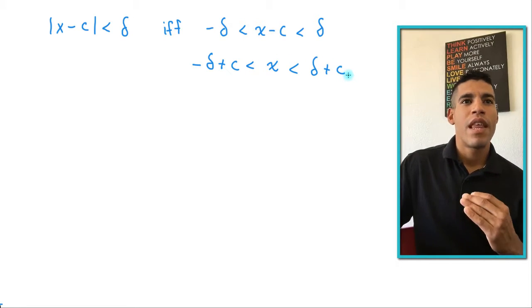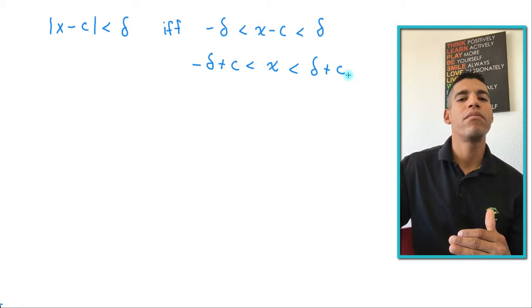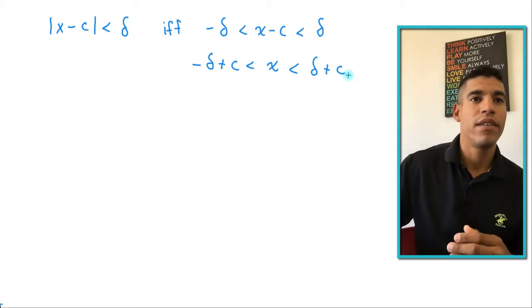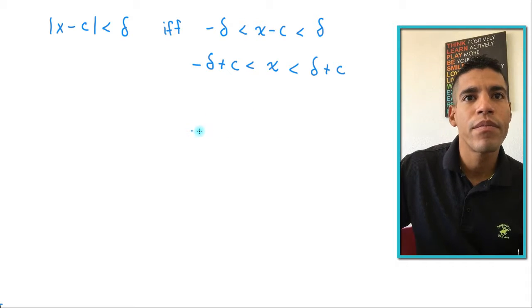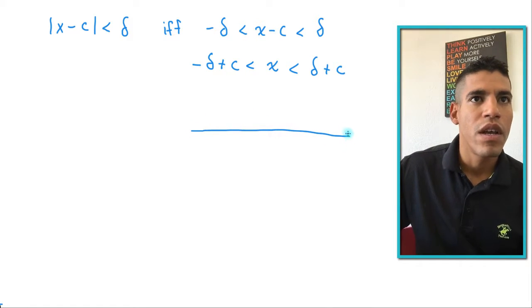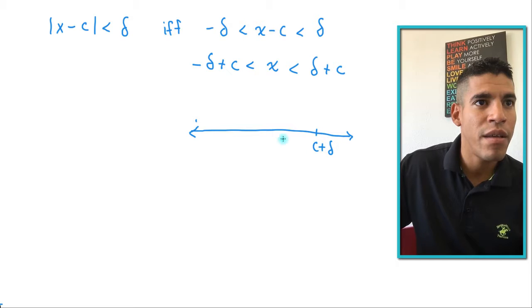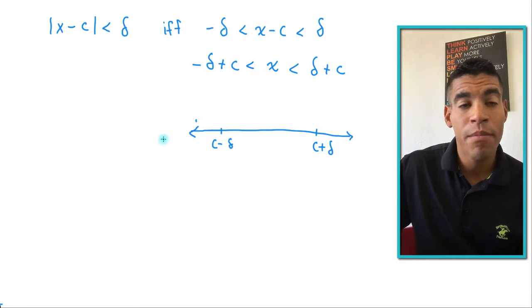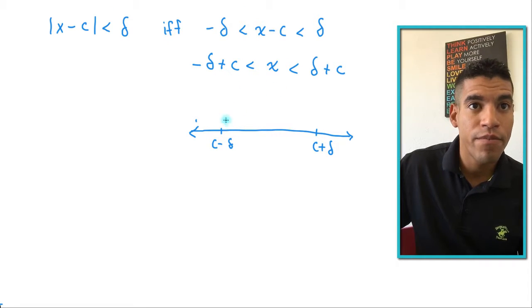Now, how would that look like in terms of my inequality or my graphical representation? Well, I have a c plus delta or delta plus c, and I have a c minus delta, right? I don't include them because there's no equality, so it's open.